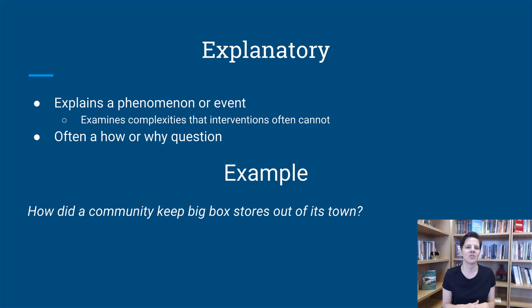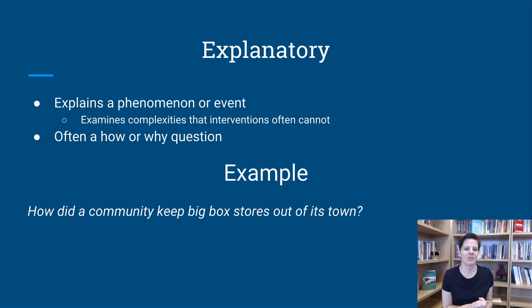Because an intervention can help us really understand why something does and doesn't work, and maybe even the limitations of why something doesn't work, but it doesn't really get into the nitty-gritty, deep explanatory understandings, because interventions don't look at individuals up close, spend a lot of time following them to see how the intervention actually affects their lives. So an explanatory case study often asks a how or why question, and it really digs into what is going on in one or multiple people's lives, right?